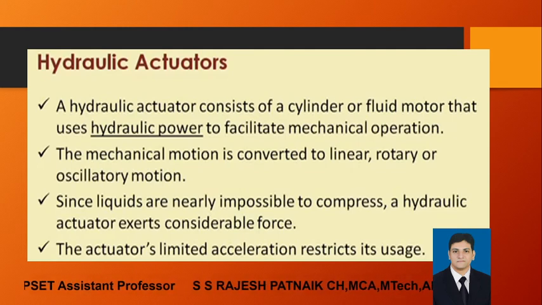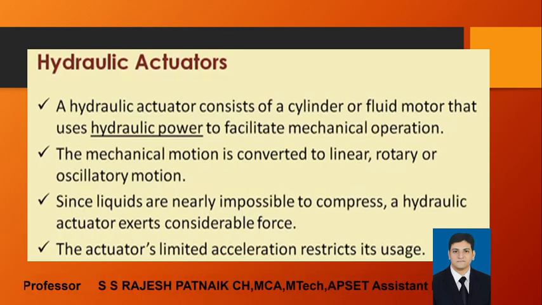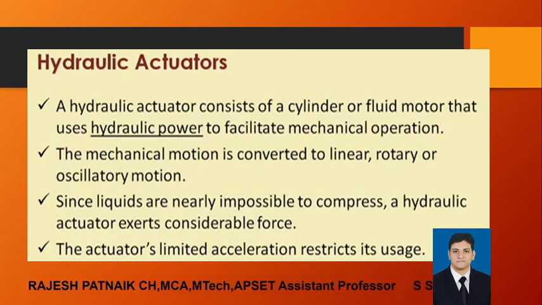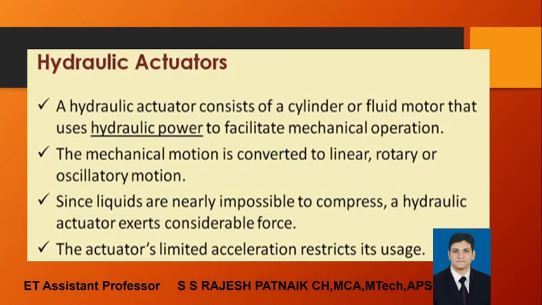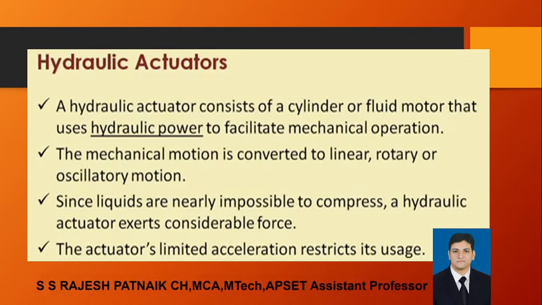If the power consumption is more, that means the product may be damaged. So in this particular scenario, the mechanical operation must be done. For that particular purpose, hydraulic actuators are used. The mechanical motion is converted to linear or rotary.